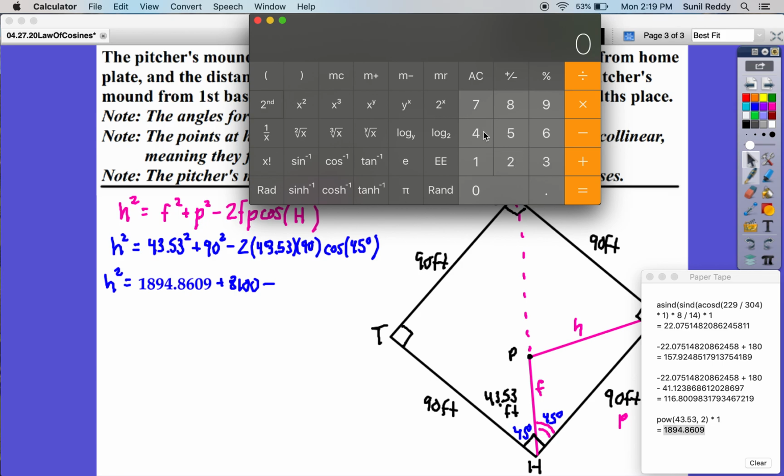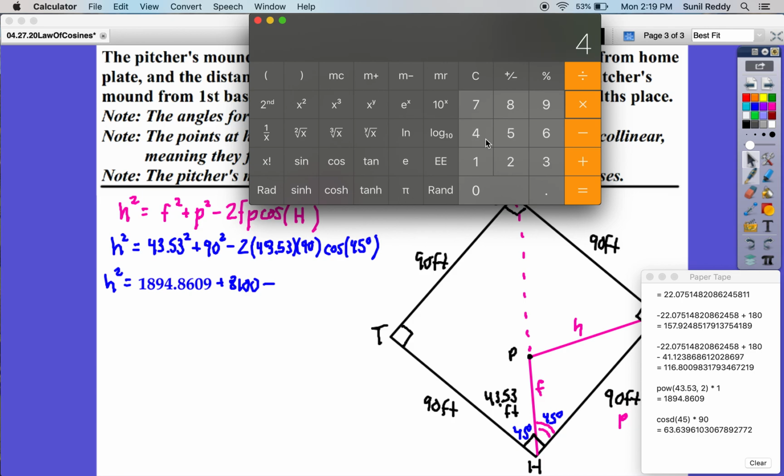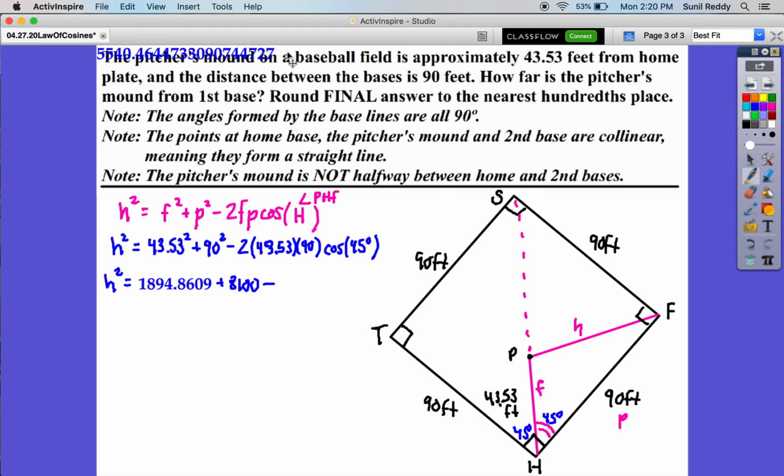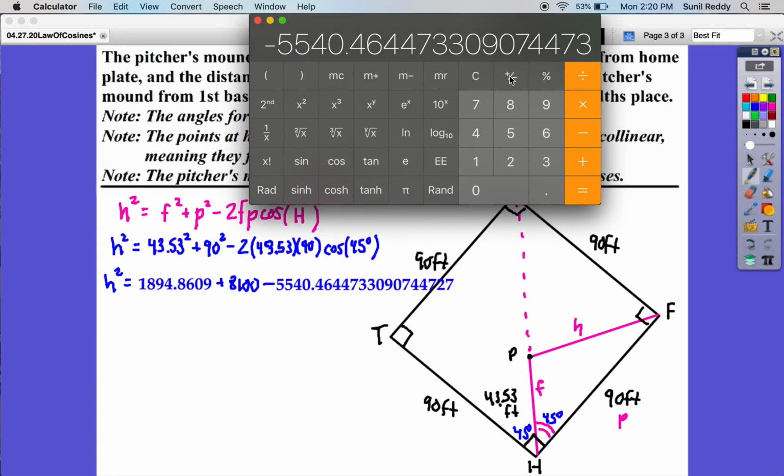So I have the cosine of 45 degrees, should be root 2 over 2, here's the decimal approximation, times the 90 in front of it, times the 43.53 in front of that, times the 2 in front of that. So this is the number I'm subtracting from the two numbers I had already recorded. So subtracting that means I'm going to make that negative on my calculator. I'm going to add the 8100, and I'm going to add the 1894.8609.